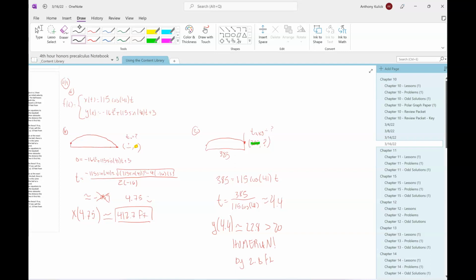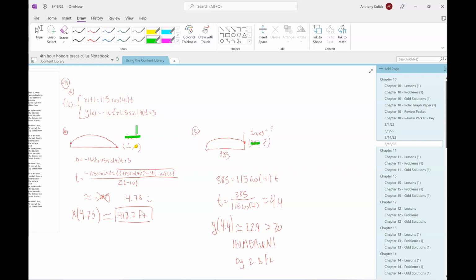I don't know what I'm thinking about right now, but for some reason I'm thinking that you used the y equation for horizontal. So here's what I did. In part B, I'm looking for a horizontal distance. To get that horizontal distance, I need the t that associates to that horizontal distance.